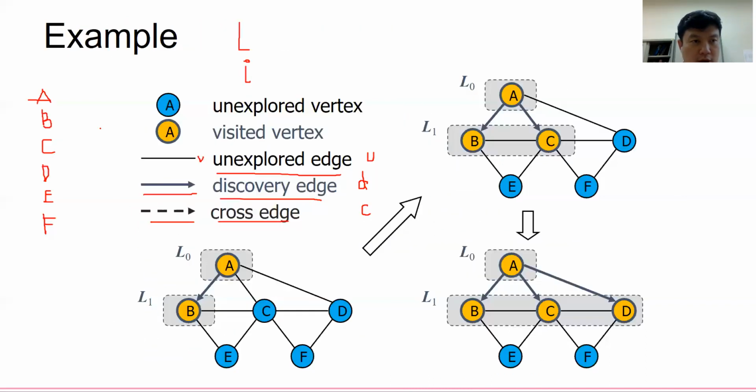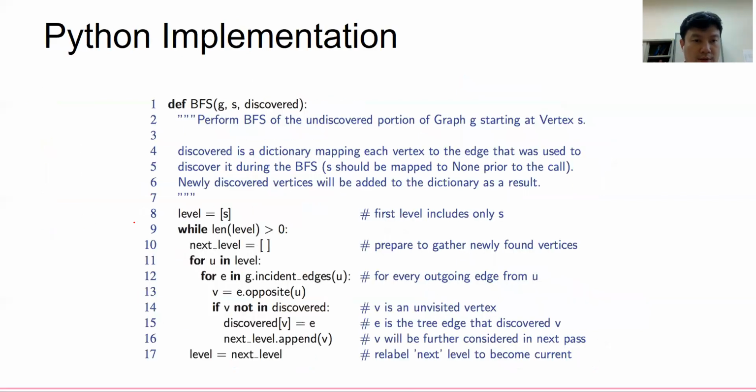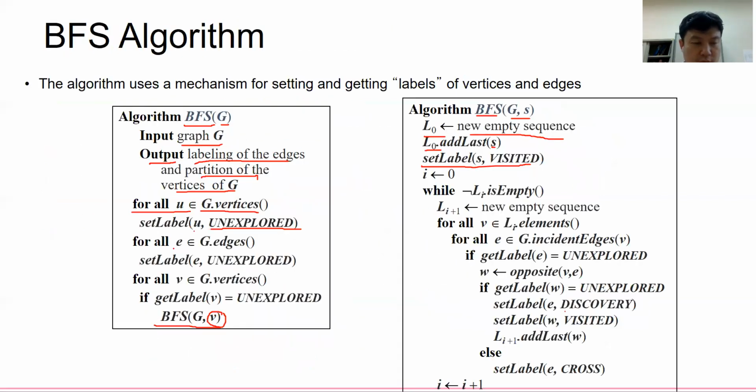Okay, then I can put this one unexplored. U, and then U, and then U, U, and U.